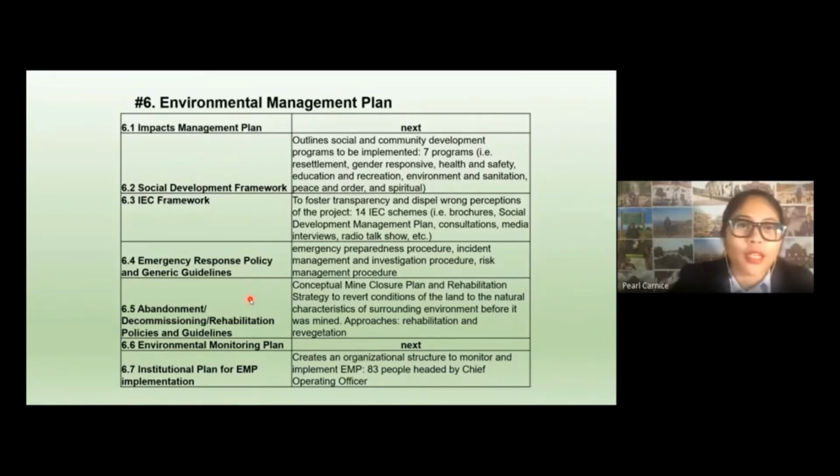The problem is the mining company or the specific company doing the project does not do what has been indicated in their EIA or their ECC, especially during the abandonment and decommissioning of the project. Of course, they have an environmental monitoring plan, which will be tackled next, and they have the institutional plan for EMP implementation.